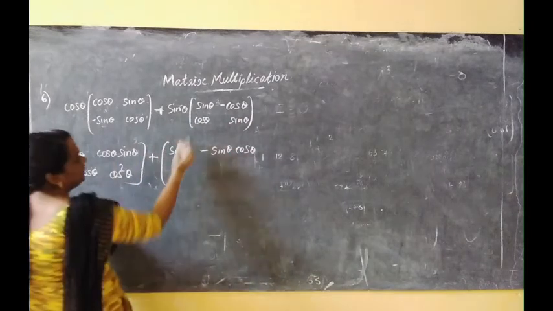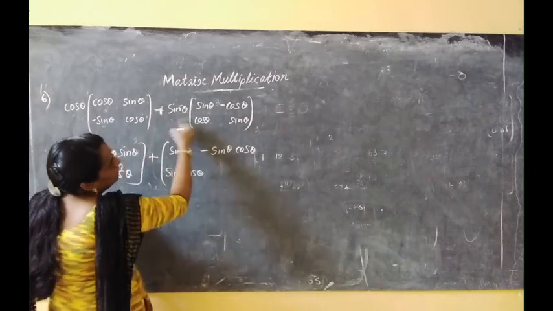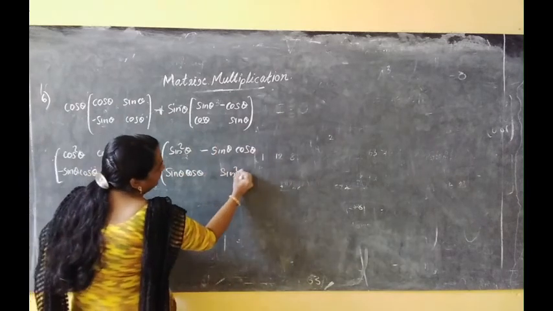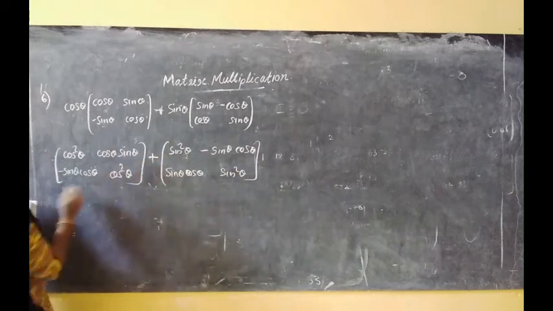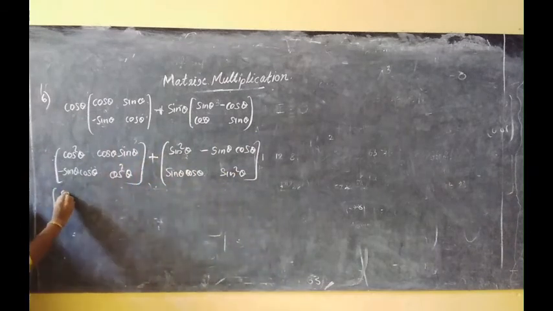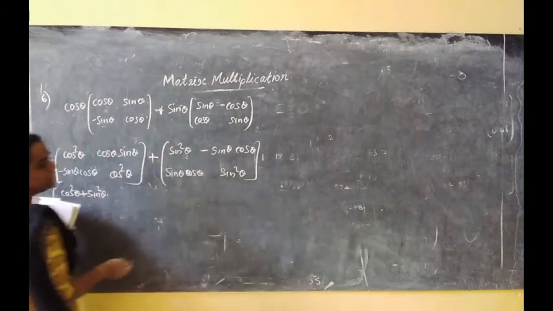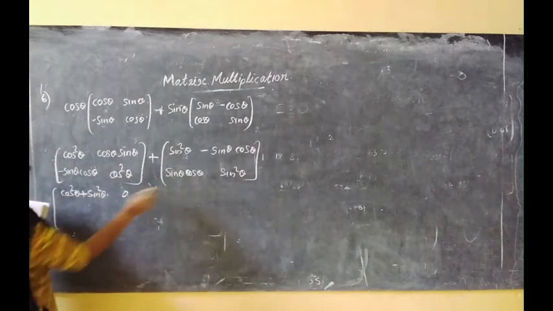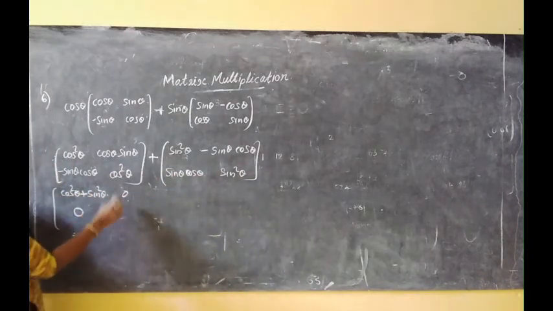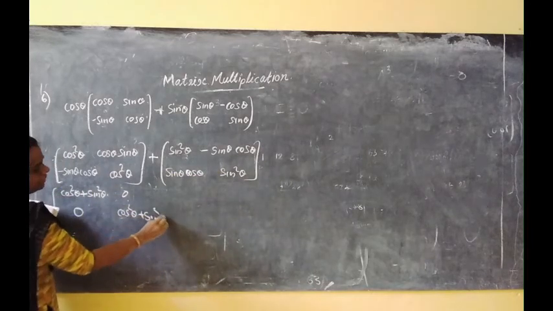Then sin theta into cos theta, sin theta cos theta, and sin theta into cos theta, cos square theta. We can add cos square theta plus sin square theta. On adding, what do we get?